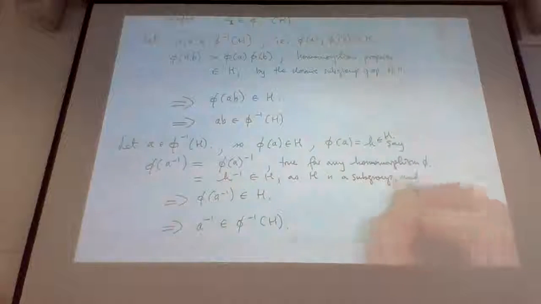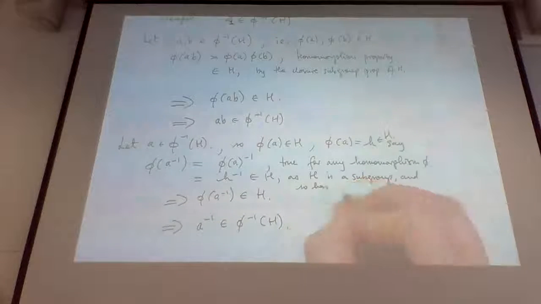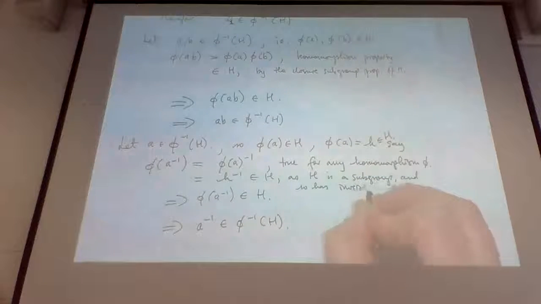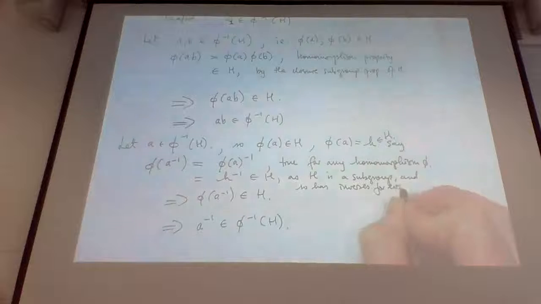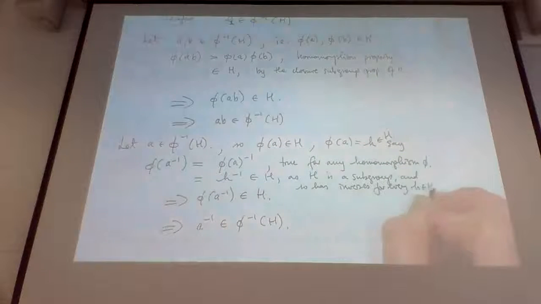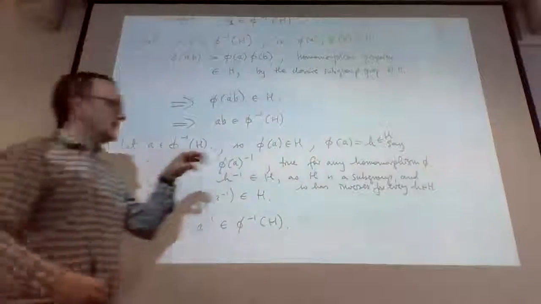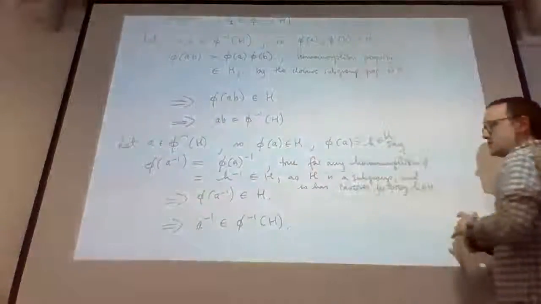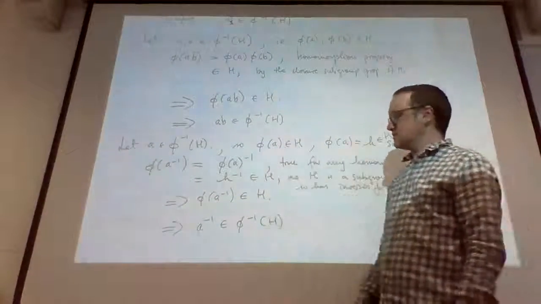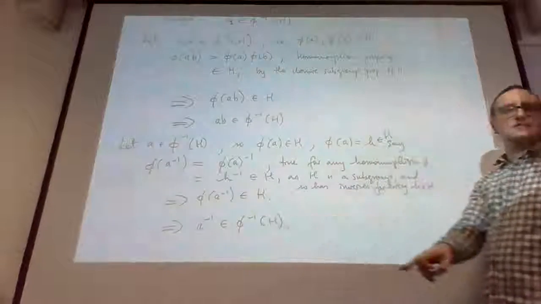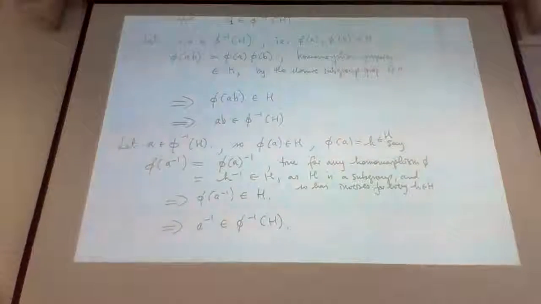And so it has all its inverses, for every h in H. So it's the relevant subgroup property of H that confers that subgroup property on phi inverse of H through the homomorphism.